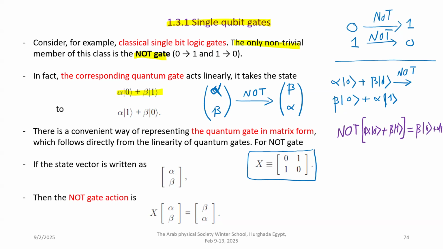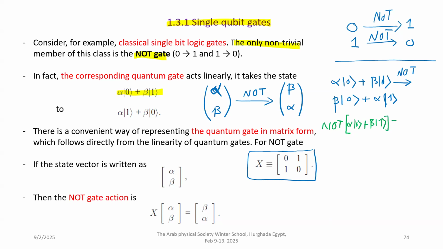Sorry, the space here is not enough. Let me write this again in a better space. What is going to happen here is that you have the NOT gate, and it acts on alpha 0 plus beta 1.